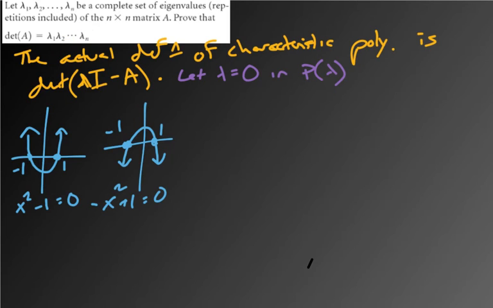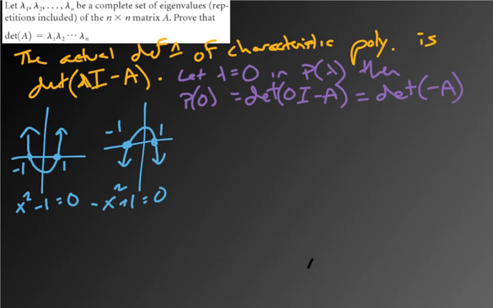So P of 0 equals the determinant of 0I minus A, which simplifies to the determinant of minus A.